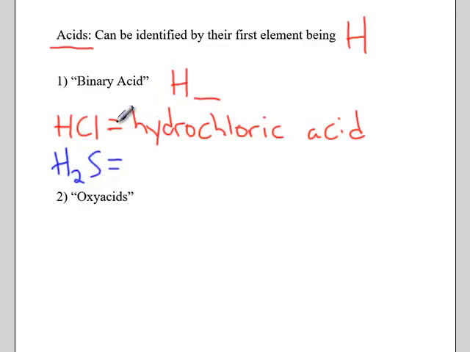H2S is still a binary acid, so we're still going to name this with the prefix hydro, and then the element sulfur. It would be nice if it just changed to sulfic, but chemistry is not that nice in the naming system. It sounds better to say sulfuric. So this is hydrosulfuric acid.